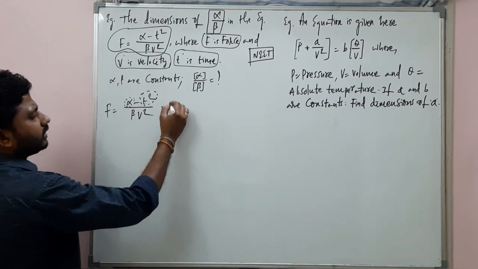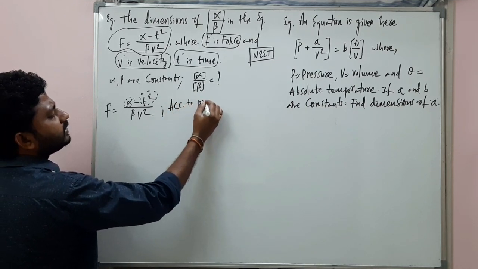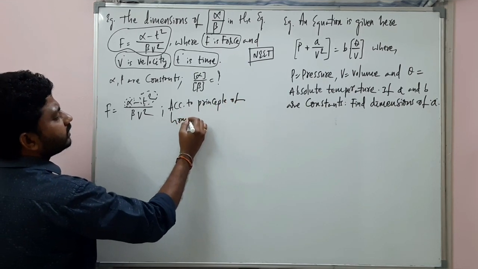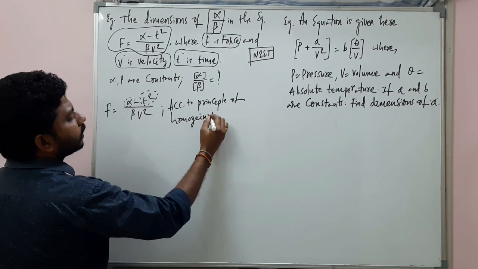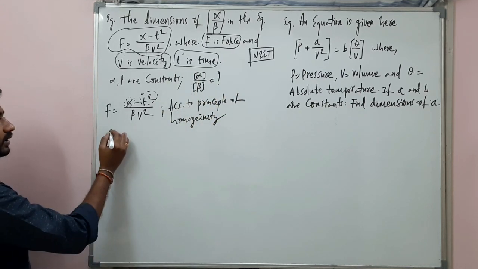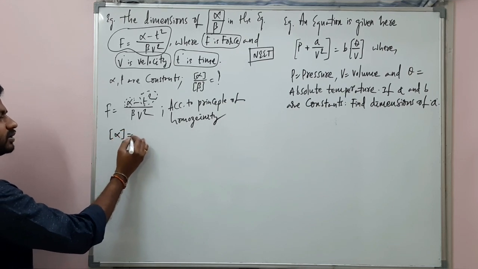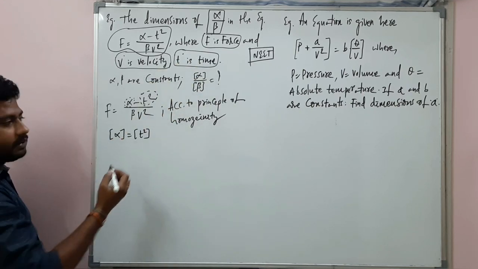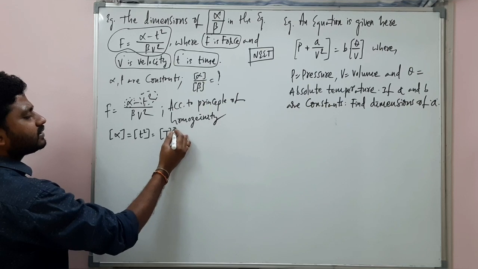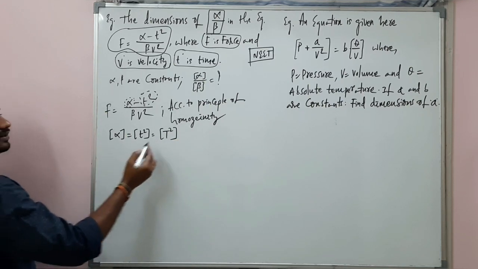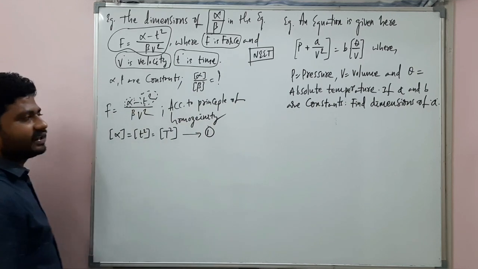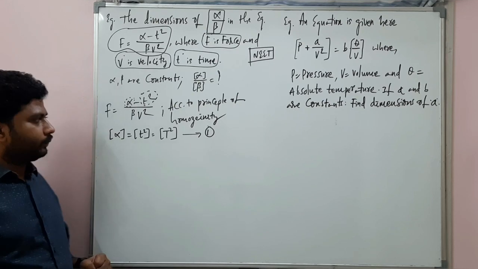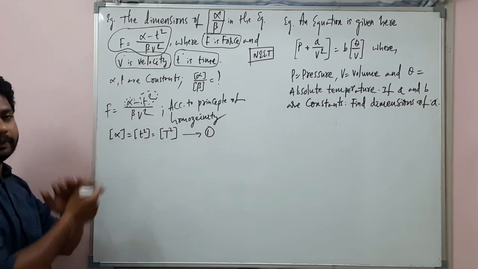So according to the principle of homogeneity, dimensions of alpha must be equal to dimensions of t square, whereas this t is given as time, and I can say it is having the dimensions of t square. So the dimensions of alpha, let's consider this as equation 1. Now how to find the dimensions of beta?